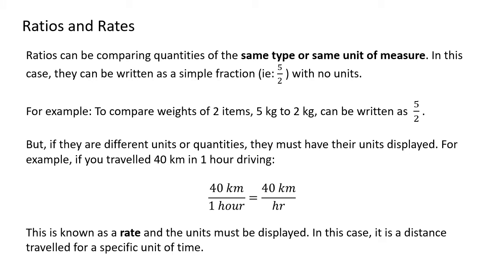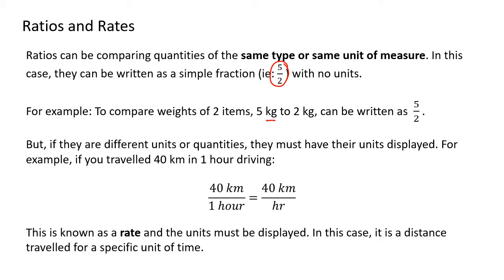So ratios are typically comparing quantities of the same type or same unit of measure. When you have ratios, they're usually written as a simple fraction, let's say 5 divided by 2, with no units. An example of that would be the same unit of measure.